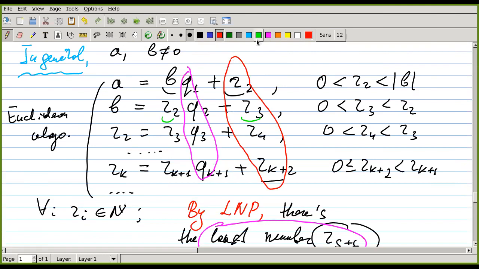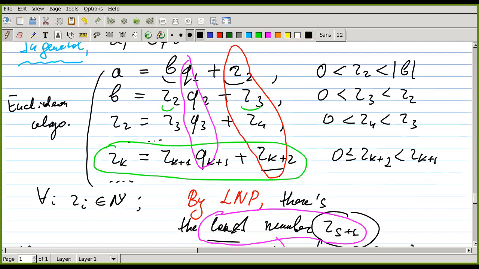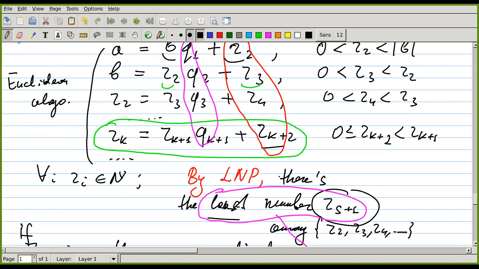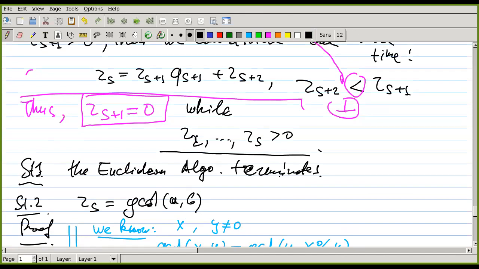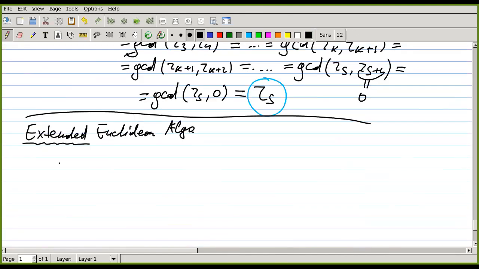And this one is our general equation which connects these two sequences. Let's rearrange it for RK plus 2. From this equation, we know that RK plus 2 is just RK minus RK plus 1 multiplied by QK plus 1.